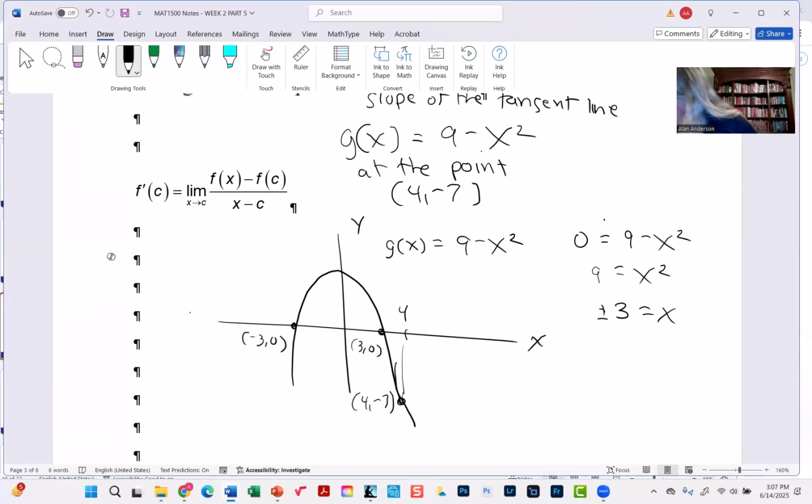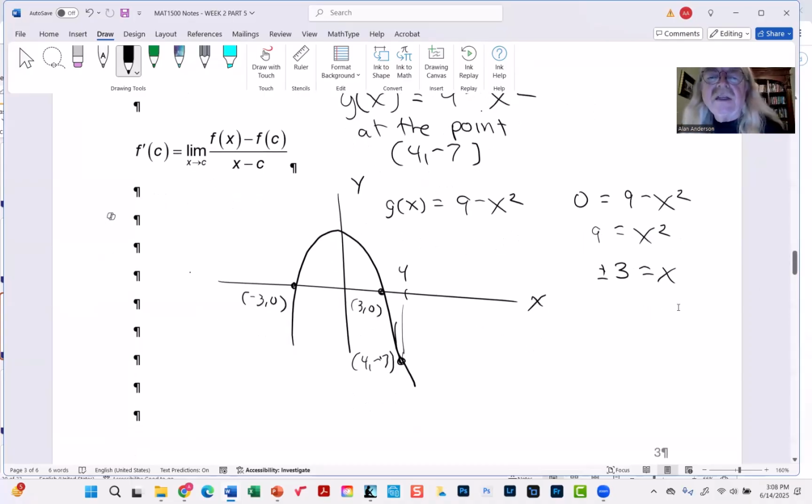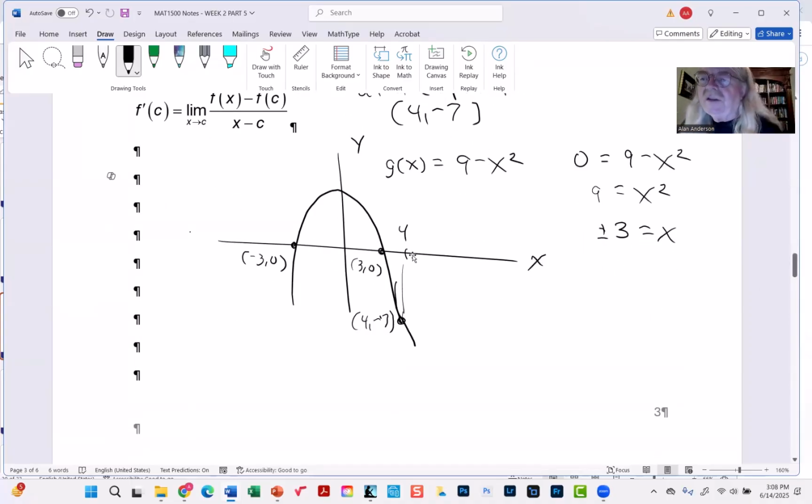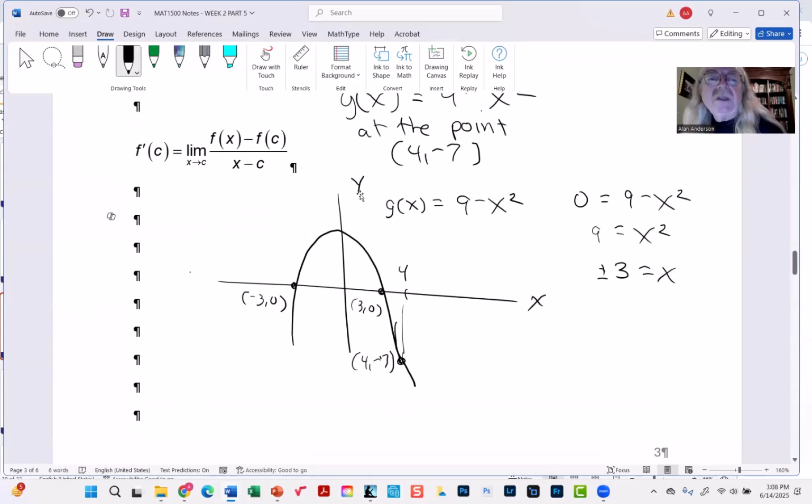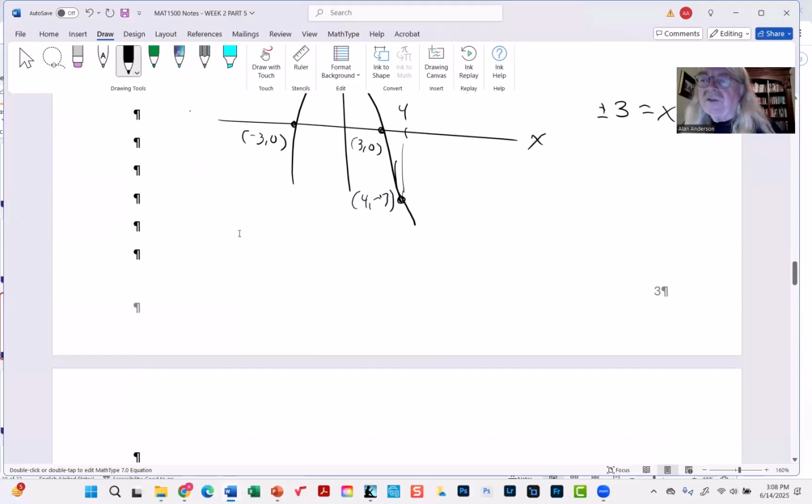So they're after the slope of this tangent line. All right, it's not a great drawing, but you get the idea. In other words, where x equals 4, we know that y equals -7. So this is the point on the curve that we're looking for its slope. So we're going to use this formula here to find the derivative at that point, because that is the slope of the tangent line.